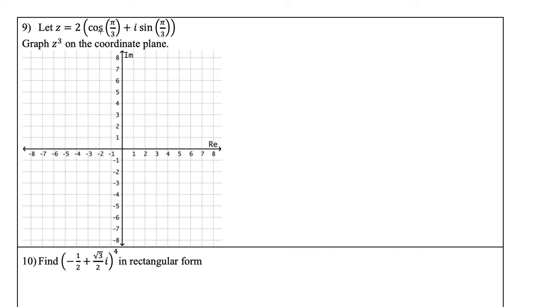All right, so luckily, this problem is already in polar form for number 9. When it's in polar form, it's really easy to find powers. If I talk about the lengths, I'm just going to cube it, so it's kind of like x to the power of 3.